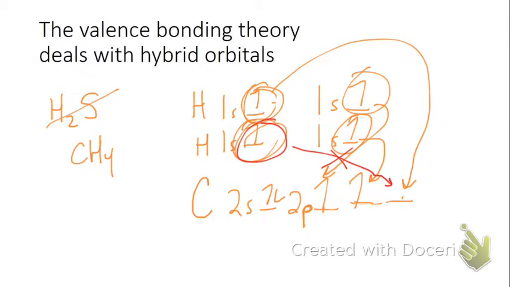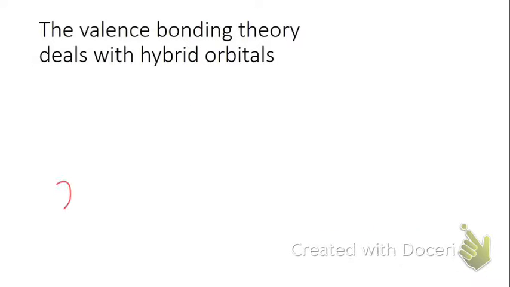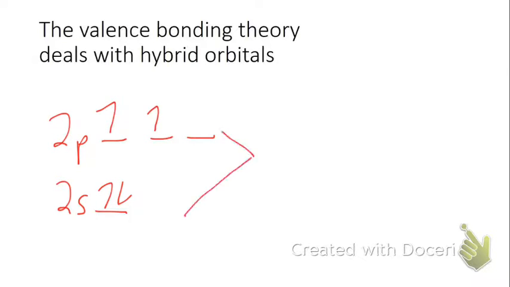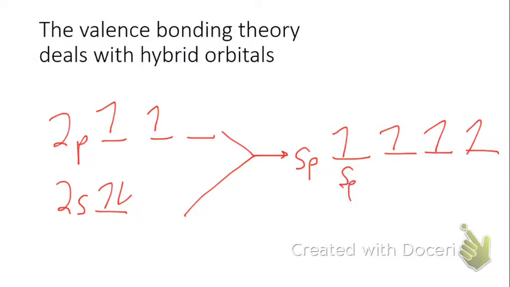And so what we're going to do is take this s and these p orbitals and combine them. What do I mean by that? So, for carbon, we have 2s, 2p. And we're going to combine these and have a middle hybrid orbital known as an sp3 orbital.